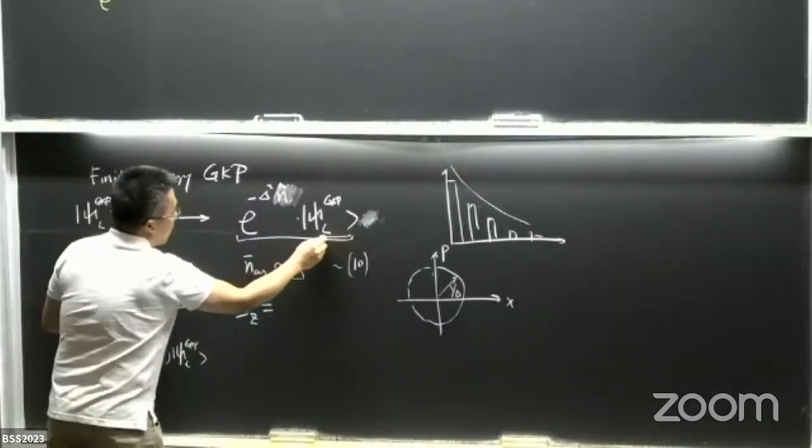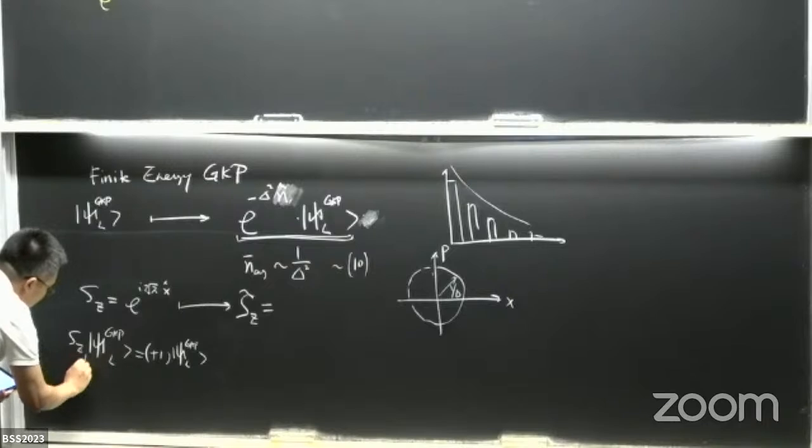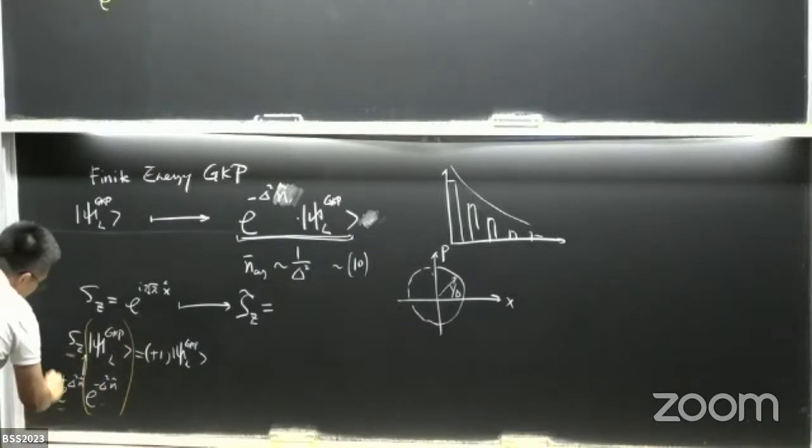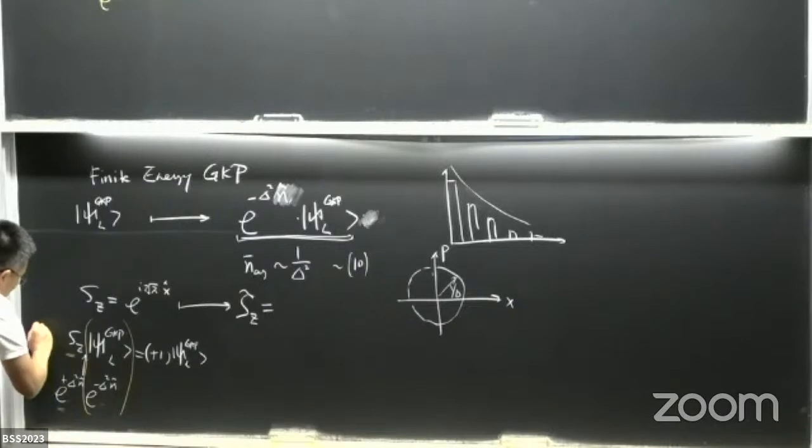But now the state will be something like this. So what I can insert here is e to the minus delta squared n, e to the plus delta squared n, because these two multiply to equal 1. But I will group this part together and combine this with another e to the minus delta squared n.